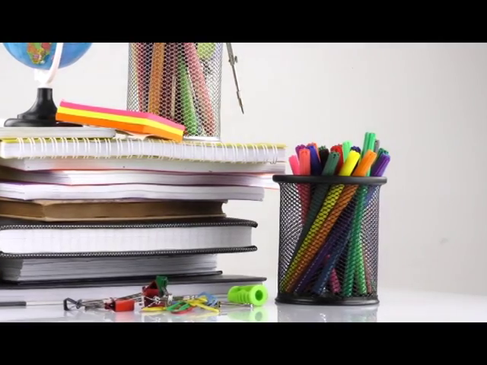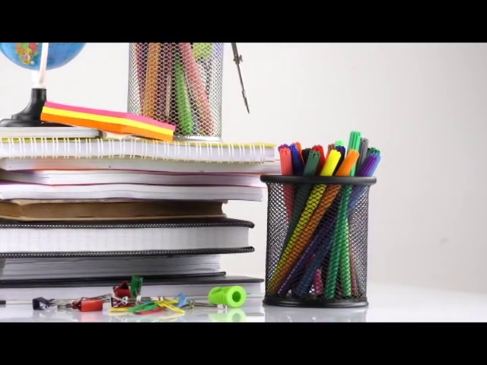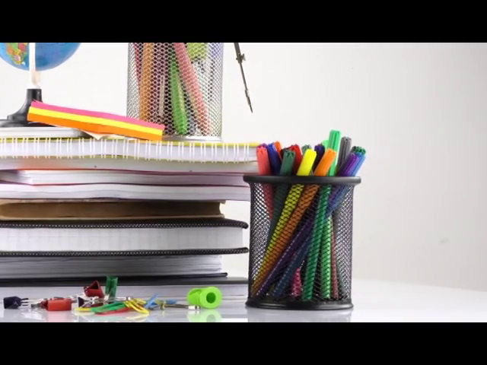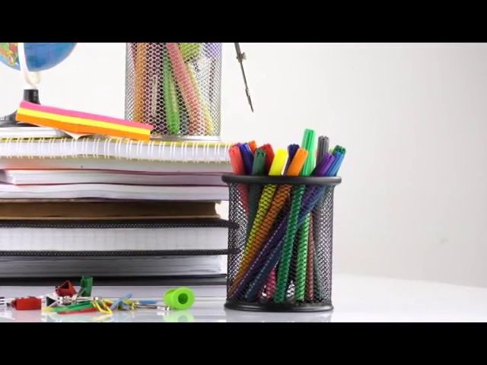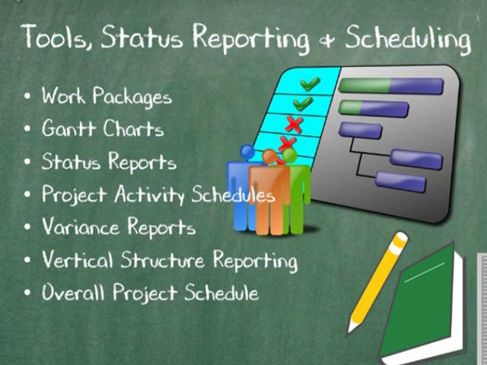In an educational project, having the proper tools is an important part of any project. Developing a proper project management plan would require the items as seen here: work packages so that each individual knows what they're doing, Gantt charts to keep the teams in line and keep the project flowing smoothly. During the project, they should have status reports to report out how things are going. There should be project activity schedules that are monitored by the project manager.